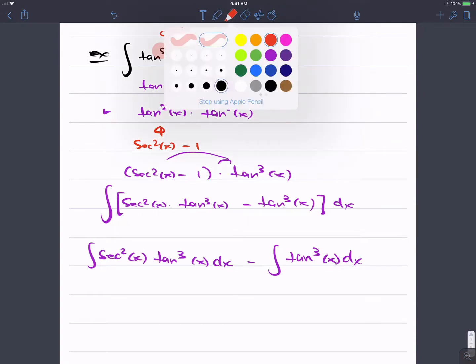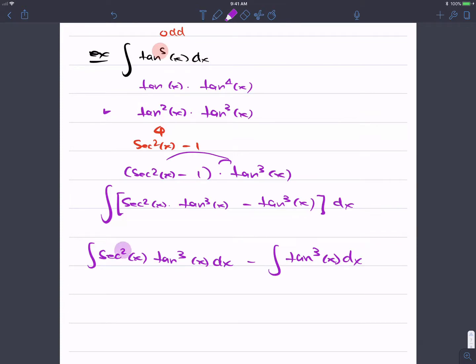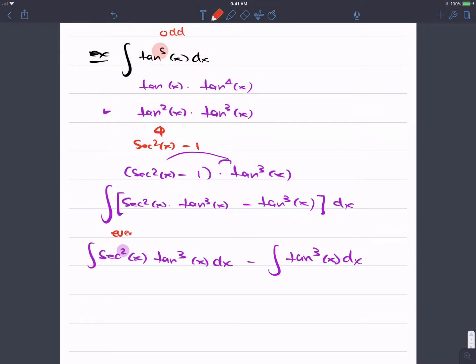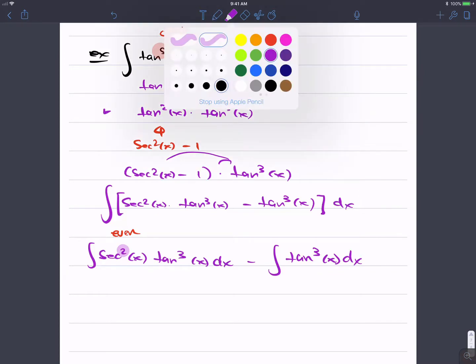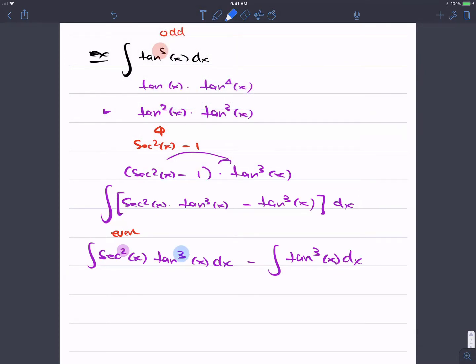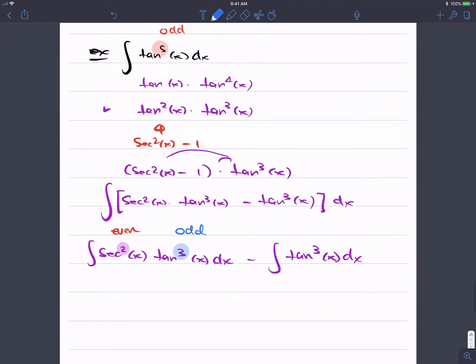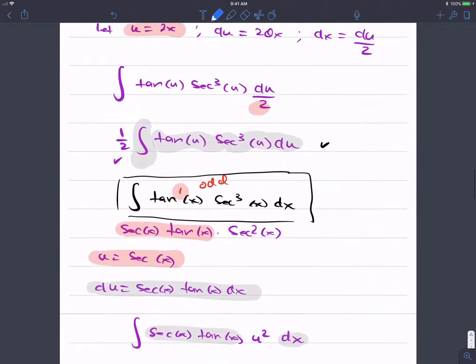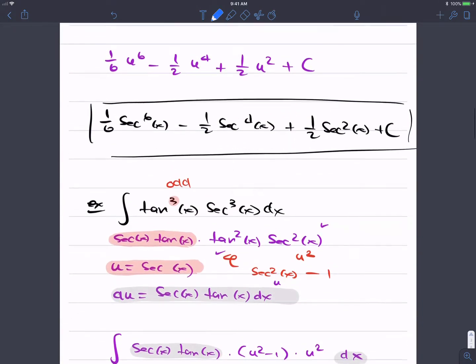Here is an even power of secant, and here in blue is an odd power of tangent. We might have done this one. Maybe this was the one we started off with, or maybe it is the second. So let's find out. That's tangent to the third power and secant squared.